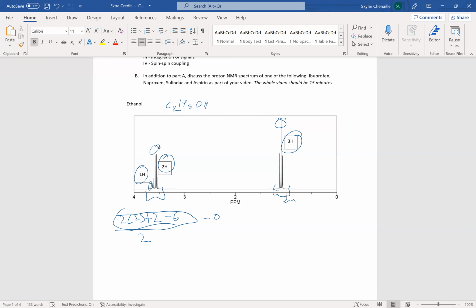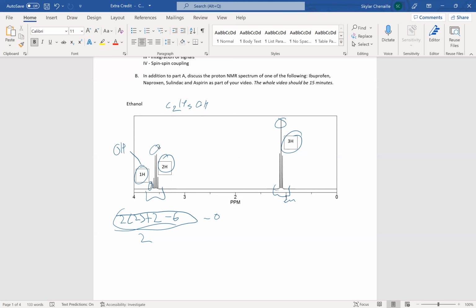All right, so the next part is thinking about what these peaks are relating to. We have our triplet, our quartet, and our singlet. That would mean that we should have one that has no neighbors, which in this case is because it's attached to an oxygen. So that would be our singlet, which would probably be our OH group if we had to bet.